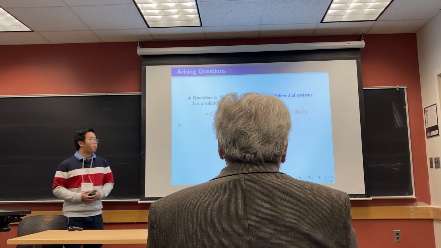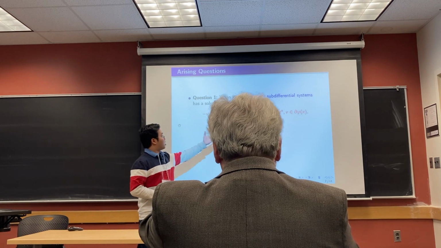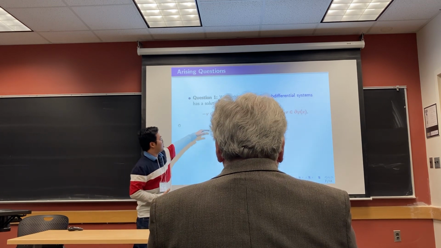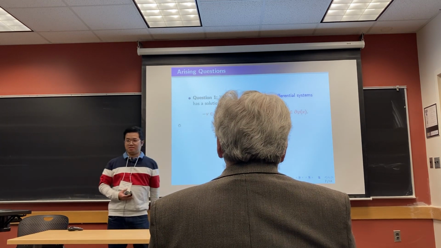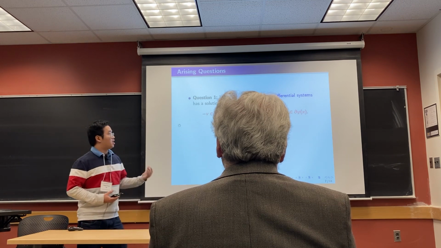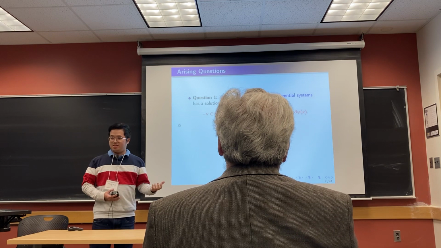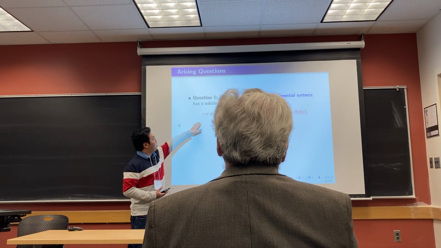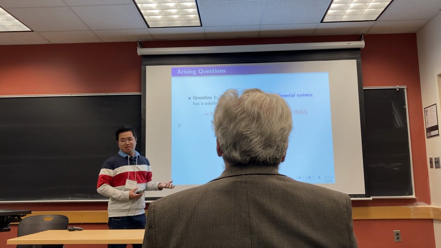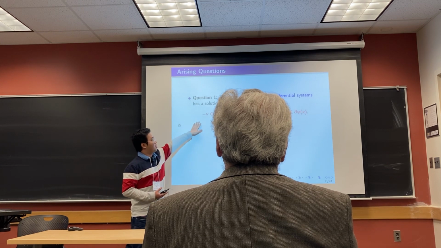First question: when does the second-order subdifferential system like this have a solution? Because when we construct the Newton method, we need to find the direction. If we want to find the generalized Newton direction, we need to solve this inclusion.